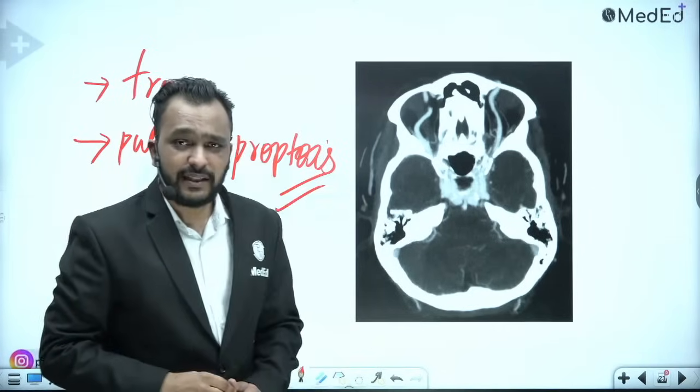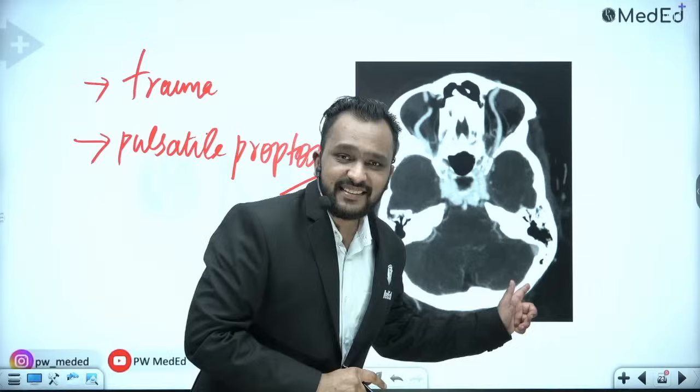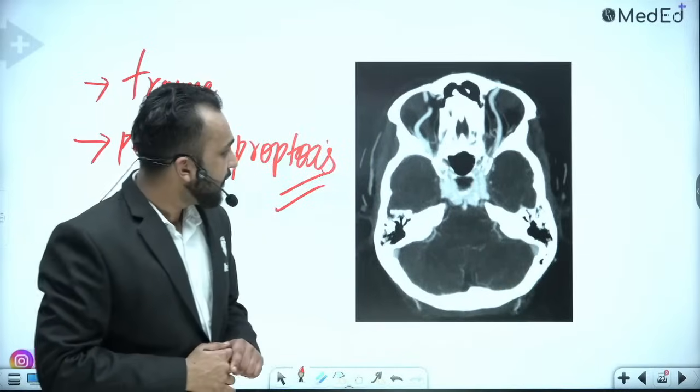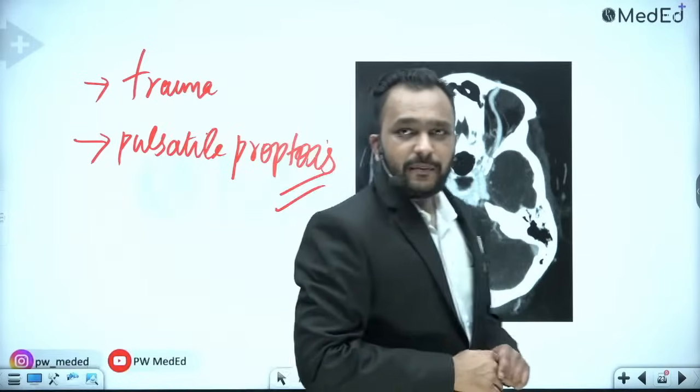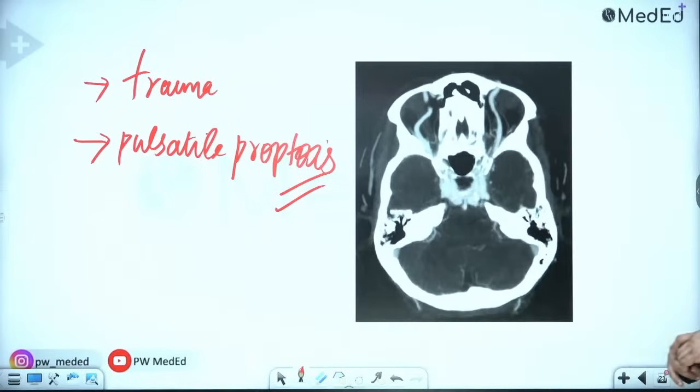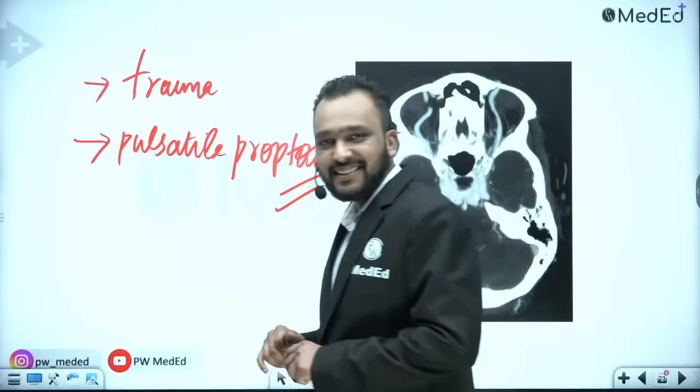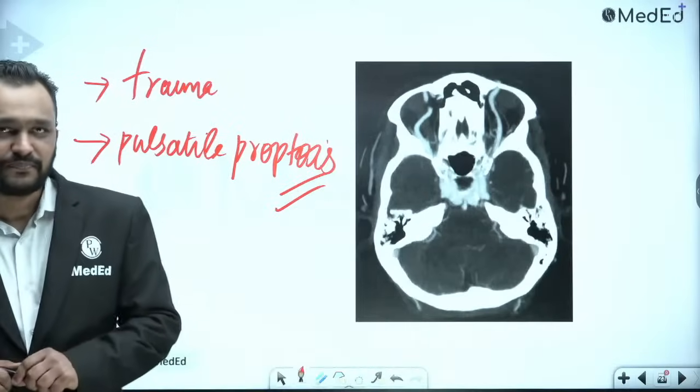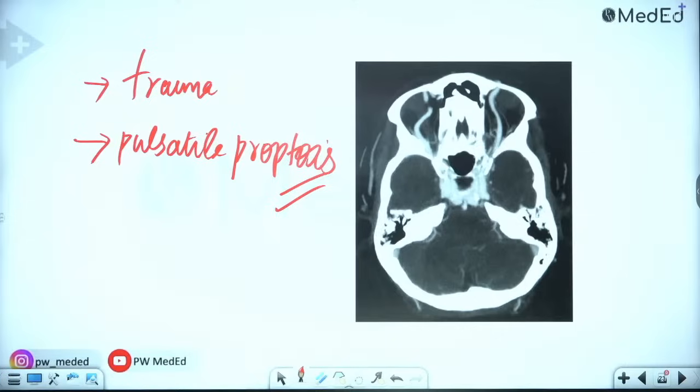Can you tell me what are the imaging findings in this CT head of this patient? Anyone, Medico Forever, Manas Agarwal, Vikas Verma, Vivek Kumar. What are your imaging findings for this CECT head of this patient?